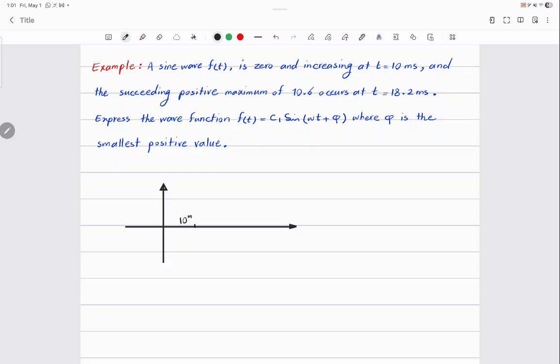This is 10. So this is t in millisecond. And this is your f of t. So what is the behavior of the function at 10 millisecond? 0 and increasing, right?